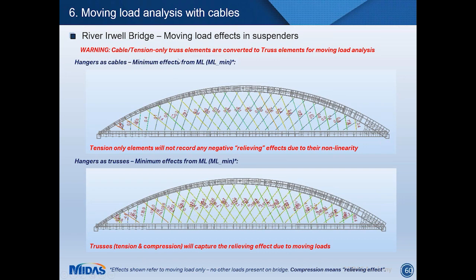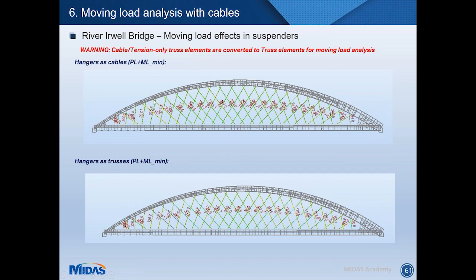So if we combine these effects with the permanent loads, effectively, we can see that with the cables, we get effects that are higher. We got here for this cable, for example, 257.1 kilonewton against only 126.2 for the hanger as a truss, right? The same can be said here.